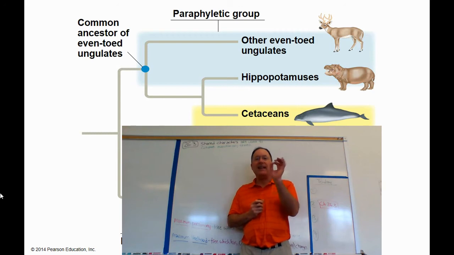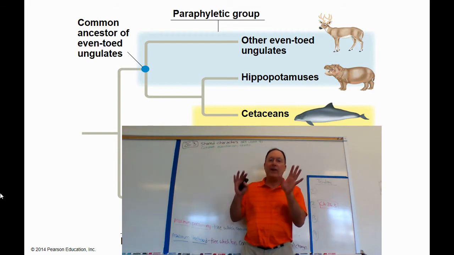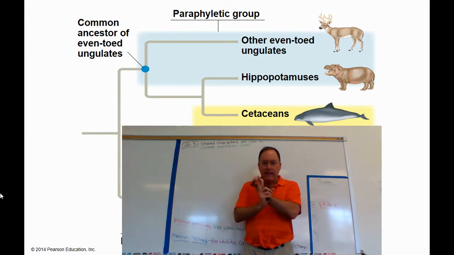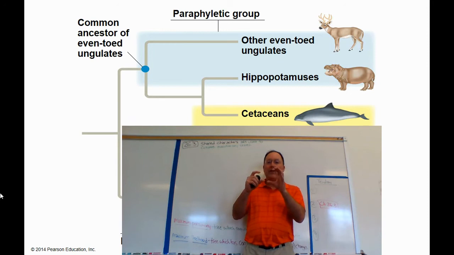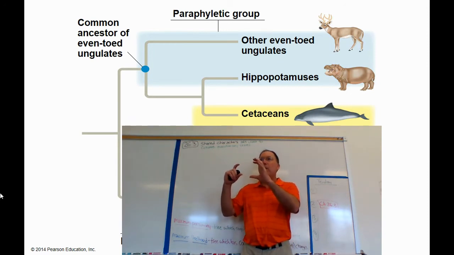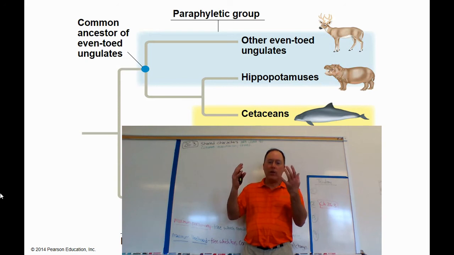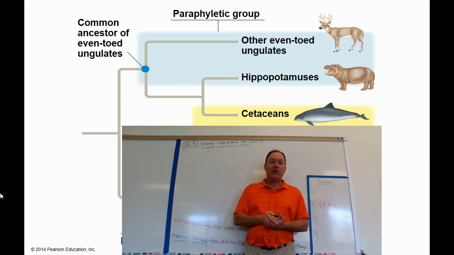The point is that if you said porpoises are in that group, but we're going to exclude them for now and just look at the deer and the hippos here, that would be called a paraphyletic group. We've grouped them together, but we're not incorporating everyone that is a descendant from the common ancestor that the organisms in our group actually have.